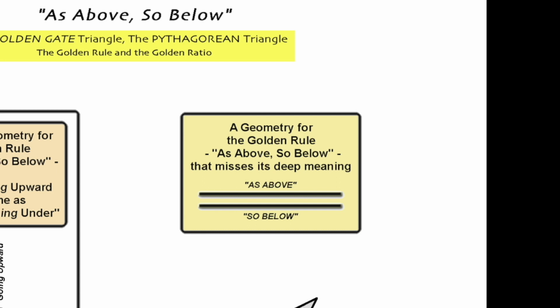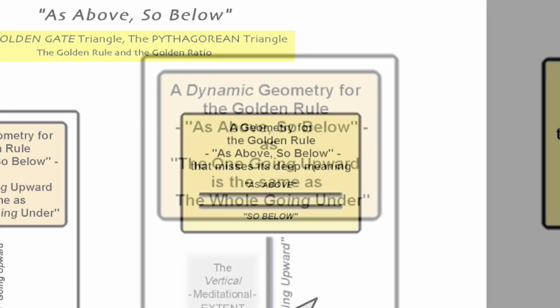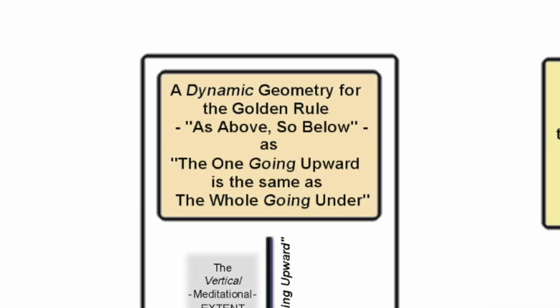It's not productive. So I literally, I'm trying to remember now, it was hundreds of hours, I just ran it through my mind. How can you represent as above, so below in a more elegant and meaningful way than just a couple of parallel lines? And I ended up with the phrase, the one going upward is the same as the whole going under.